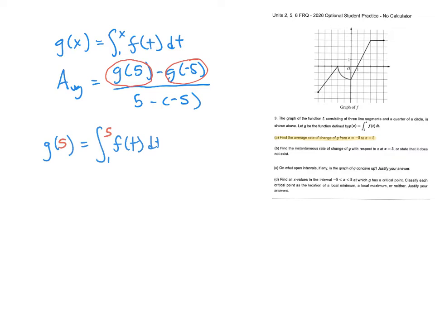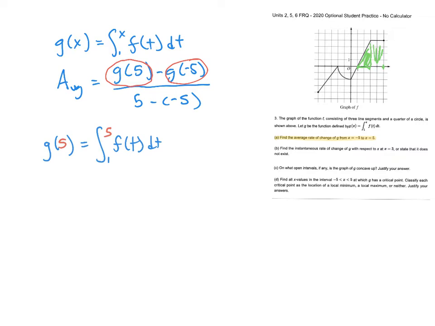So we're going to have, let me use a little bit of color over here. For g of 5, we're going to start at 1, and we're going to go all the way out to 5, which is out here, and we're going to compute the area under the curve. So we've got 2 geometric shapes to compute, this triangle and this rectangle. The triangle is 2 on the bottom and 4 on the height.